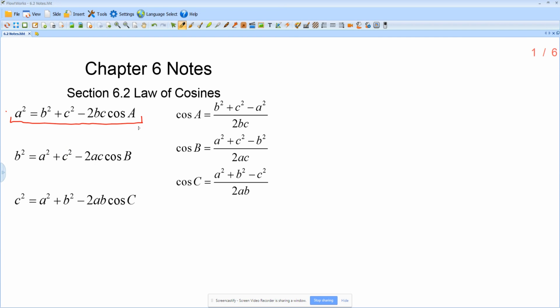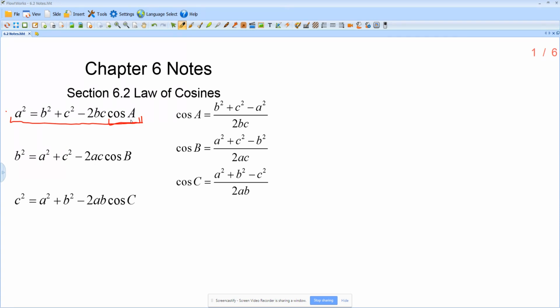But again, if I'm solving for A, I will have cosine A, and everything else is just the other two sides. So it's the sum of the squares, and then twice the product.